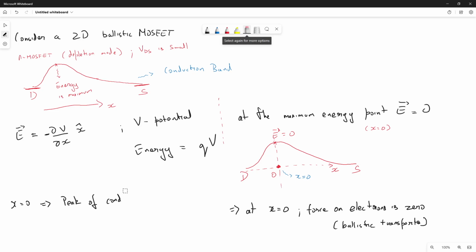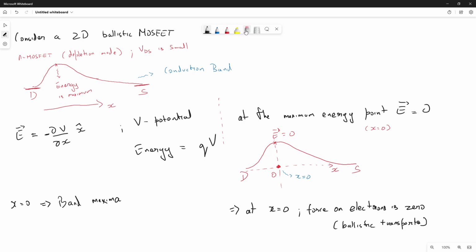Let us not call it the conduction band energy, or rather, let us not even call it the peak. Let us just call it the band maxima, which is a more accurate term. What is the band maxima? It is a point where the band energy goes to the highest.